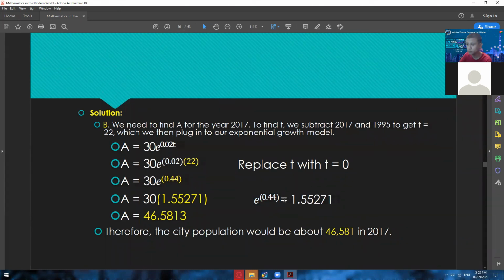You have to raise that one. Okay, 2.718, so the 0.44 is an exponent. 2.718 raised to 0.44, and then you will get 1.55263638, but in here I only took up to 5 decimals. Okay, sir. Thank you po.